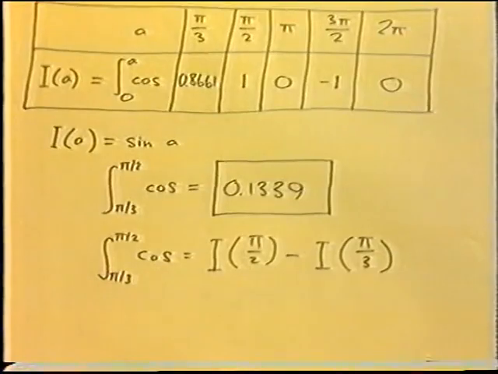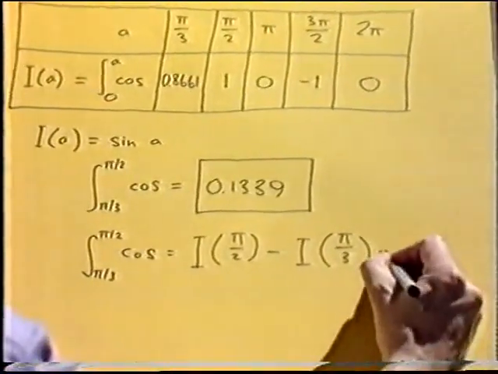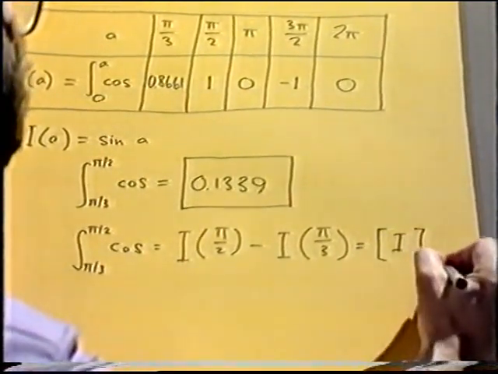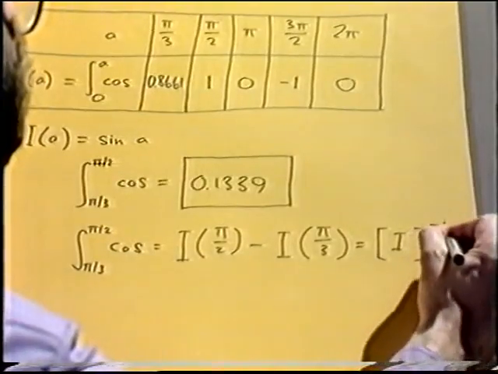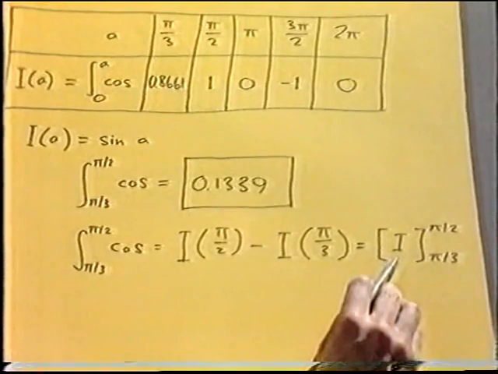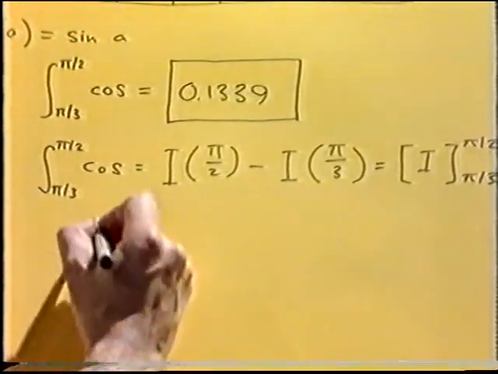And you've seen this sort of thing before. We even had a notation for it. It's this. Where I is the integral from 0 function. You may remember using this notation for x to the 5th. You had this.